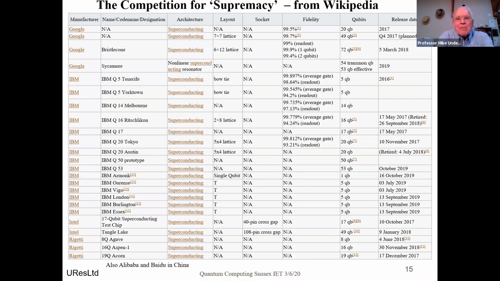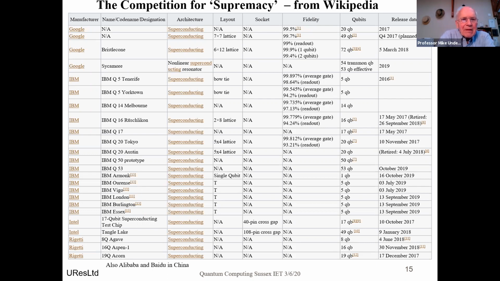Now there is a tremendous competition for supremacy, and this is from Wikipedia, and I doubt you'll be able to read it on your computers, but let me just note, Google have 4 different offerings in quantum computing: a 7x7 lattice, a 6x12 lattice, and some others.